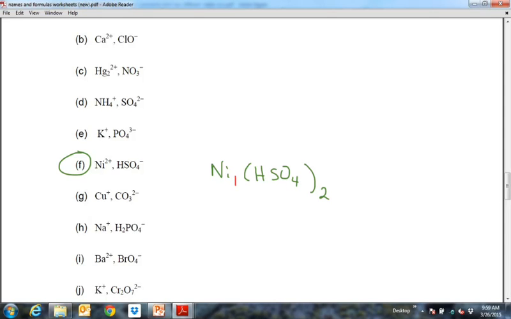Nickel. Do we use Roman numerals? Find nickel. How many people think we use Roman numerals?